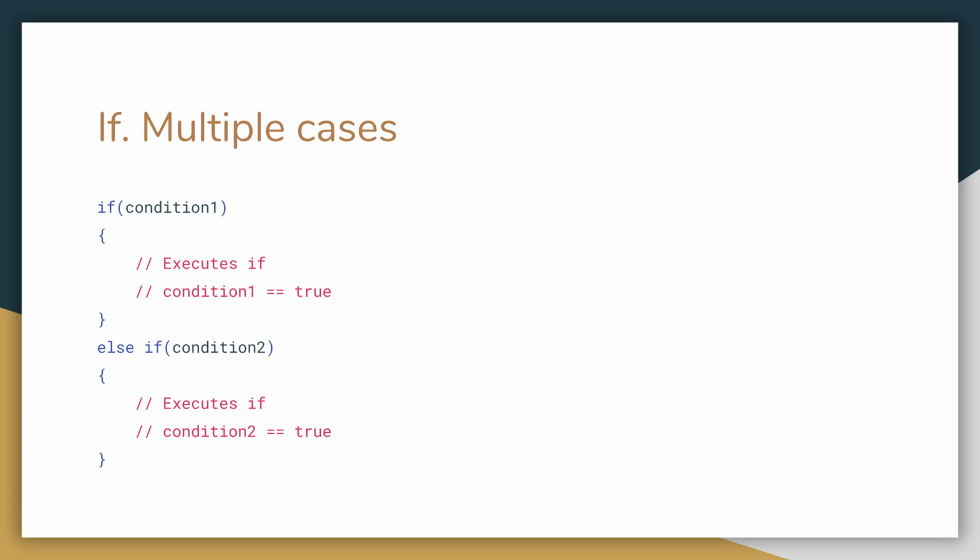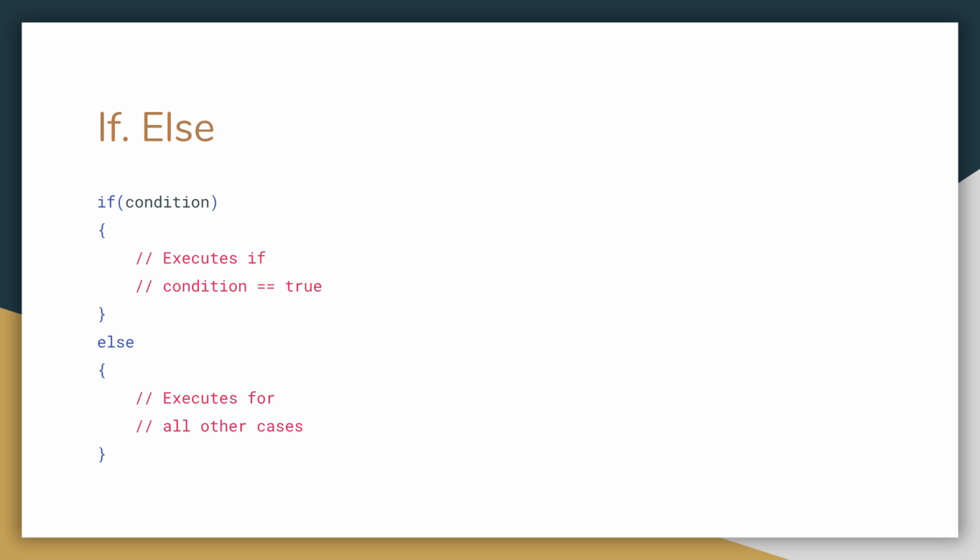And we can stack it infinitely. Quite simple. The last thing that if has: if some condition is true, you execute some code, and in all other cases you execute other code. So in this case, one or the other will run. Never both, and never neither.